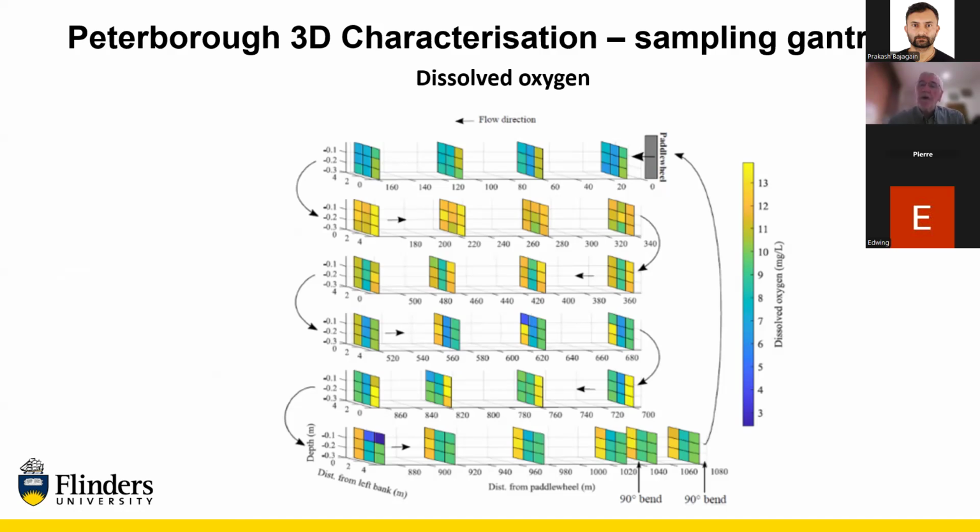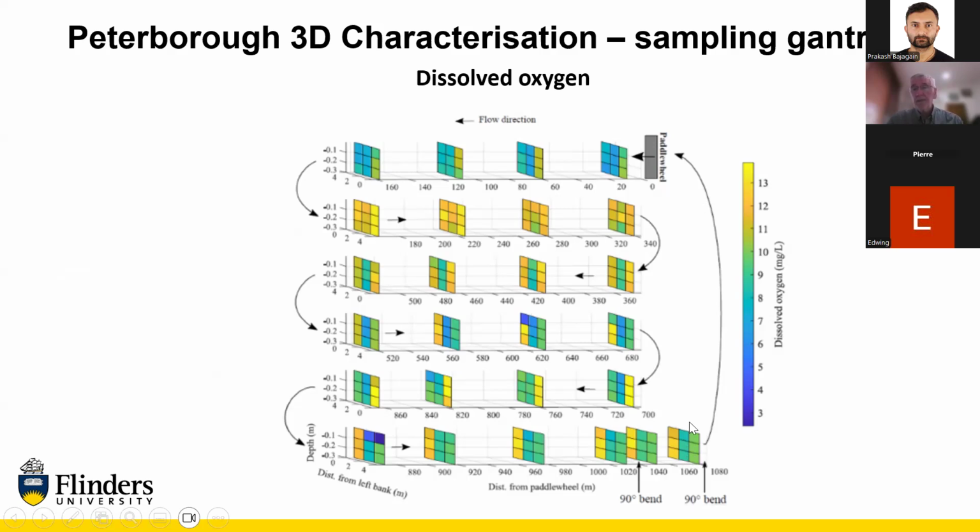Okay, so we've got a large outdoor pond. We're measuring dissolved oxygen, and we're trying to determine whether there is a difference in dissolved oxygen here, just after the paddle wheel, as opposed to here, just before it returns to the paddle wheel.